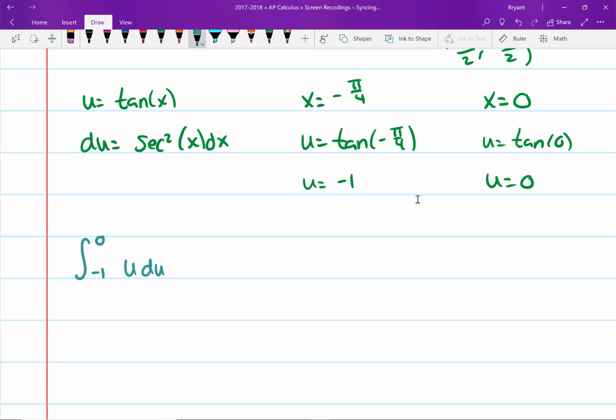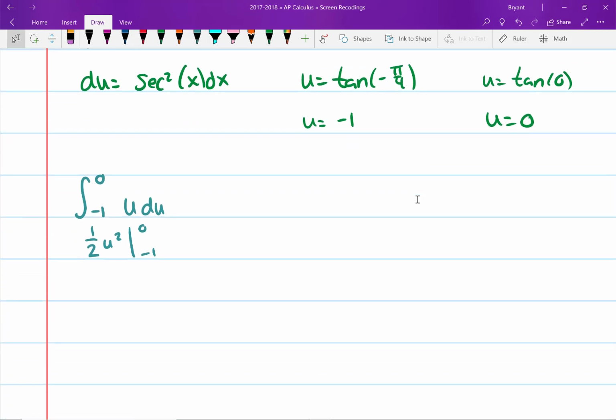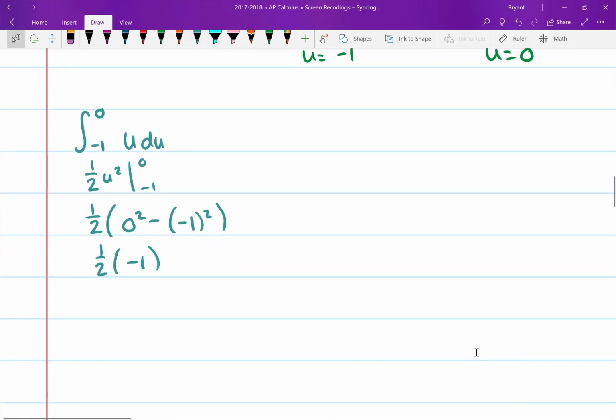So when I integrate this, I get 1/2 u squared from -1 to 0. If you wanted, you could have multiplied it by a -1 to flip the limits of integration. And then here you're going to get 1/2 times 0 squared minus a -1 squared. So I get 1/2 times -1, which is -1/2.